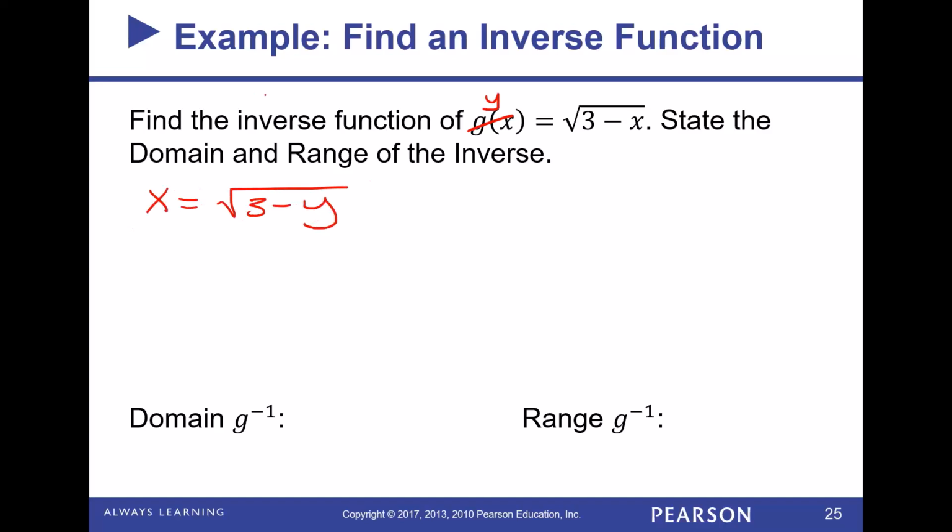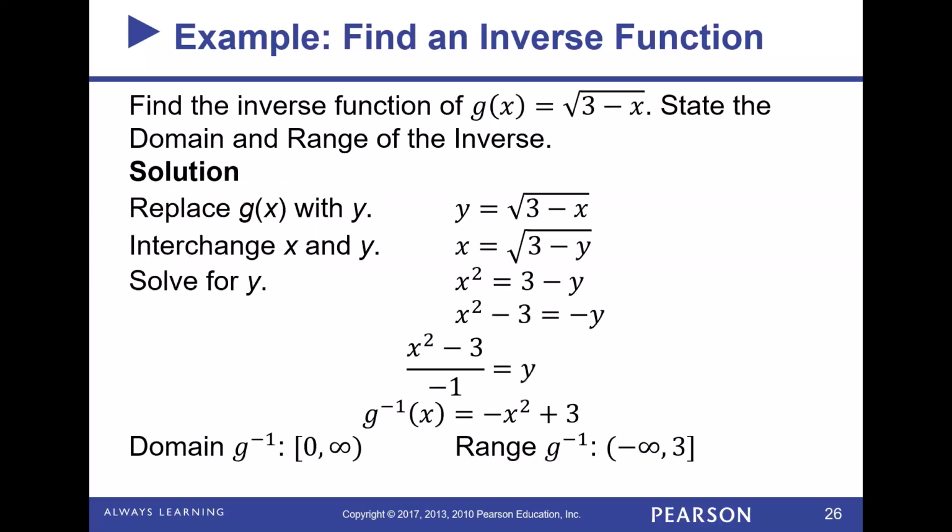So now I got to solve for y. But in my process of solving for y here, y is stuck underneath the radical sign. So I have to get rid of this radical first. So remind yourself, what was the opposite of a square root? Well, that would be a power of 2. Okay, and again, if you need to visually see it, I'm going to put it in a slightly different color there.